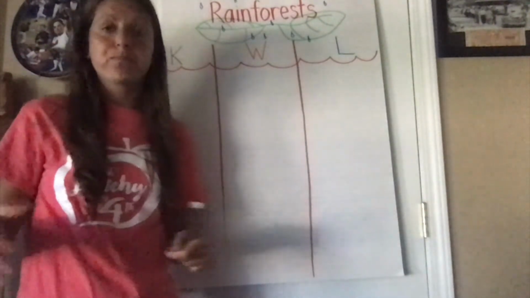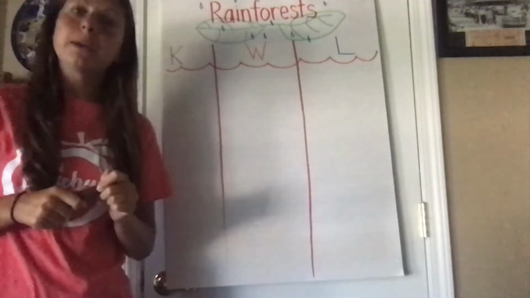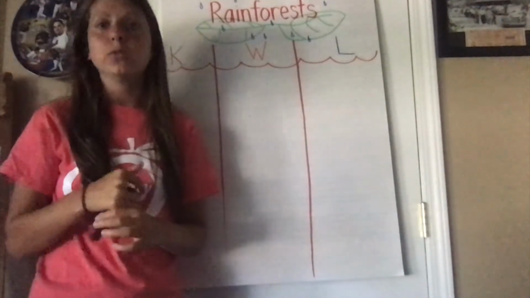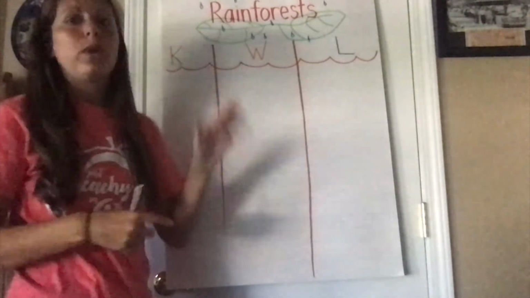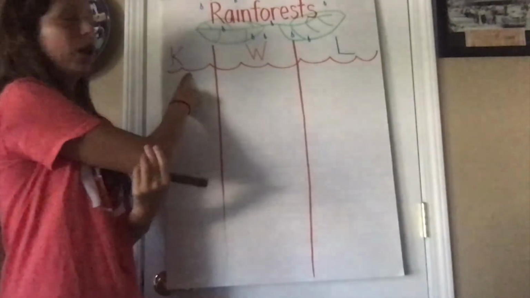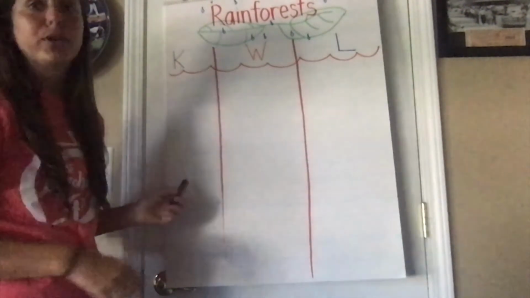So this type of chart should look familiar to you because a lot of teachers use this type of chart, and we actually used this chart when we learned about coral reefs. It's called a KWL chart, and it's what you know about a certain topic. So that's our K column, is what you know.